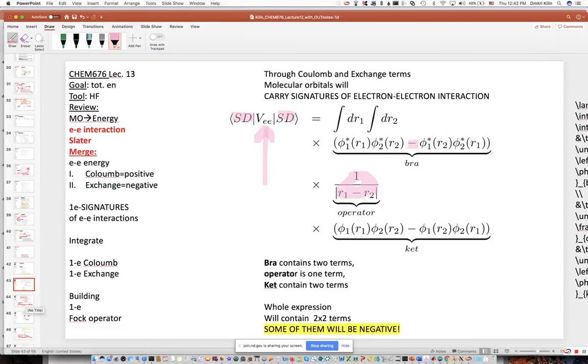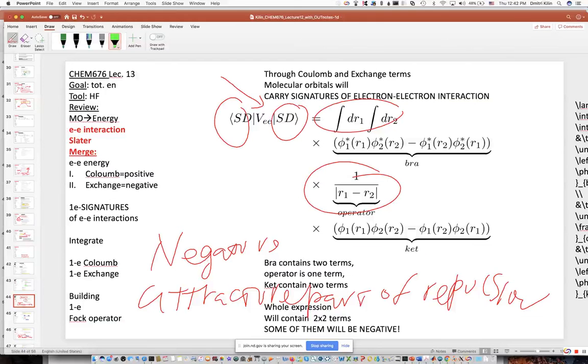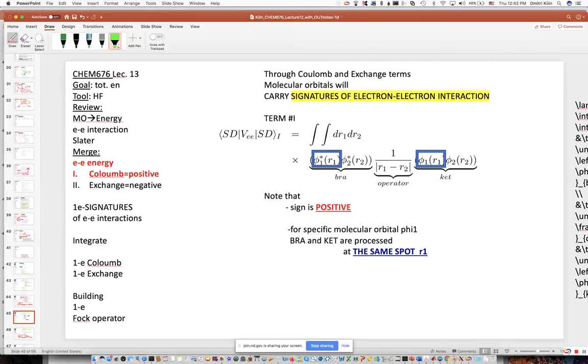If we take only green, open the brackets and take only the first term, when the index of electron and orbital coincide, the sign of this term will be plus, because electron number 1 on orbital 1 and electron number 2 on orbital 2 do repel each other.